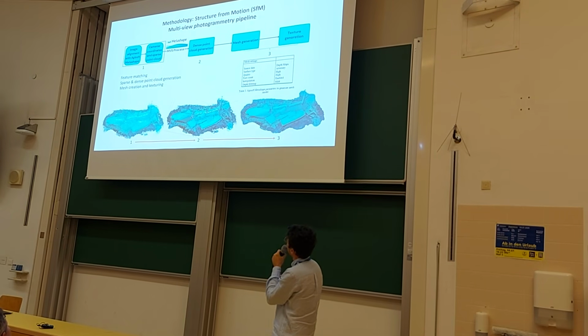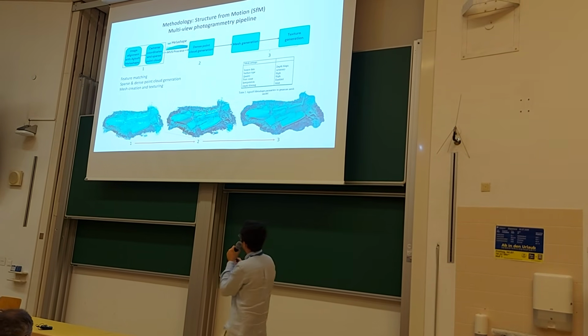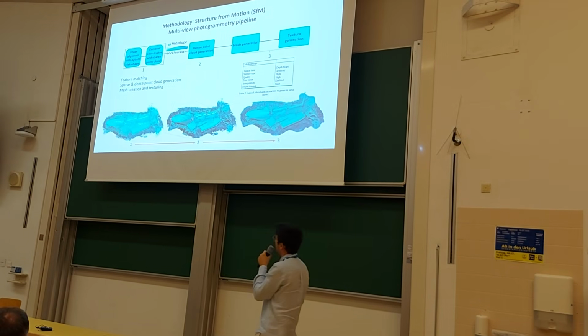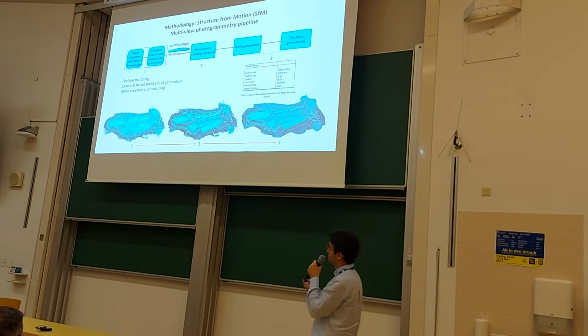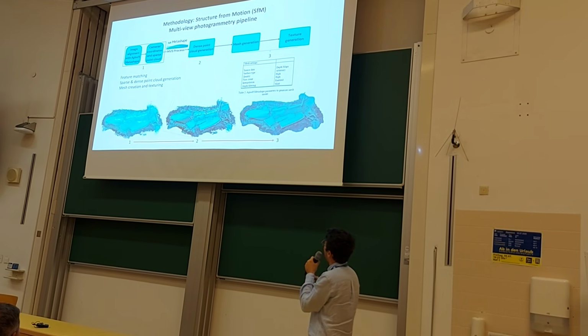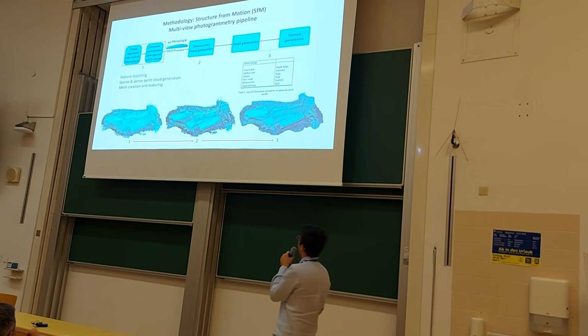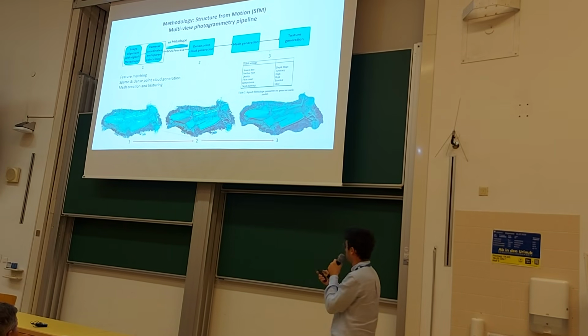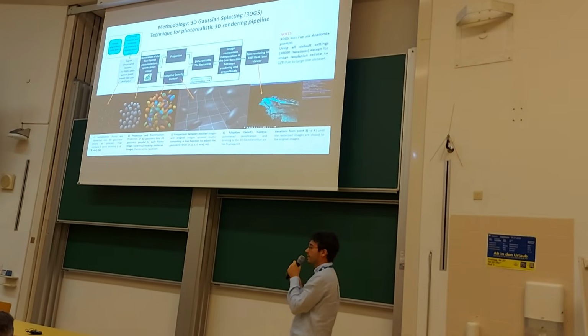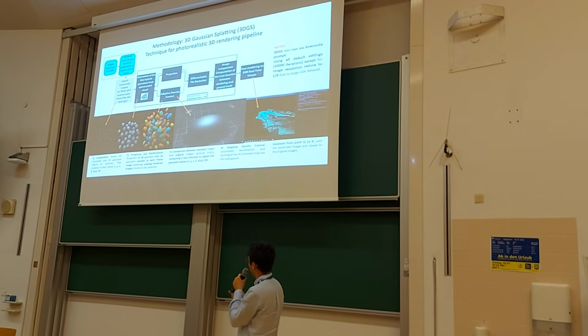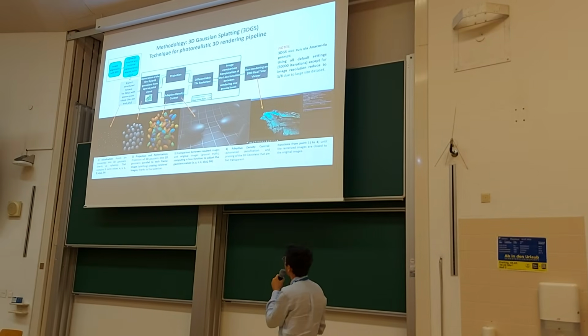I won't go into this process further because we all know how we generate the model after the sparse point cloud, with triangulation and mesh generation. So that's just to show how this part of the pipeline concludes. For the other pipeline, I want to spend more words.